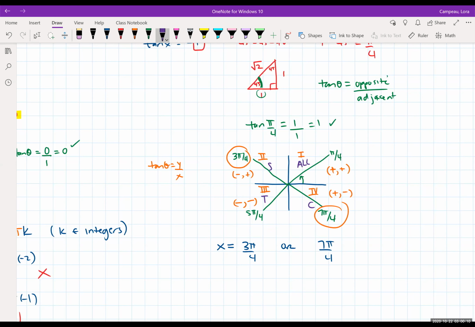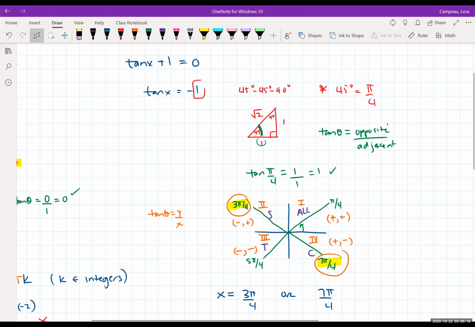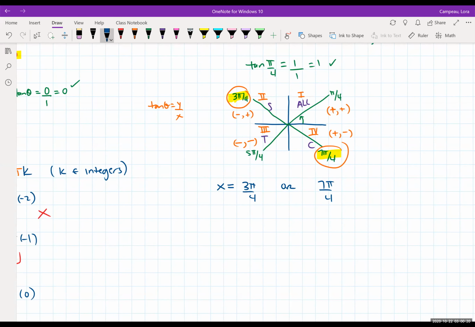So back to our solutions. We do know we have 3 pi over 4 and 7 pi over 4 as satisfying where the tangent is -1. If we want to speak about all solutions, you could start off at the smallest angle. X would be 3 pi over 4.